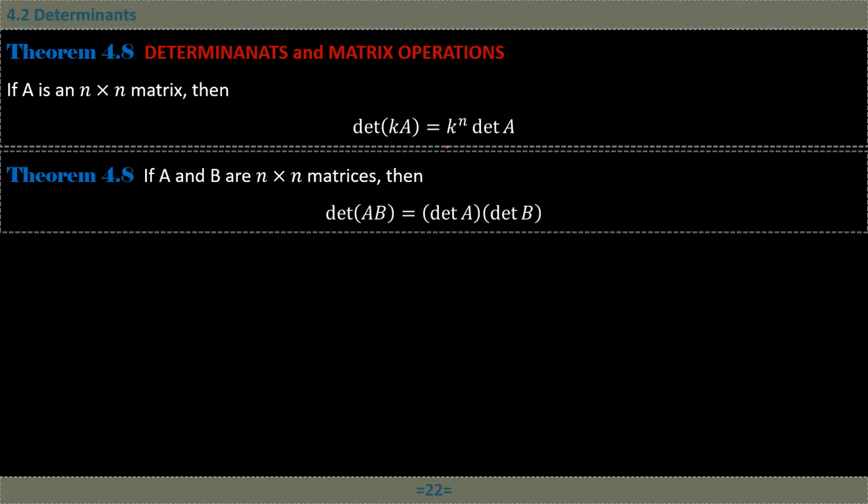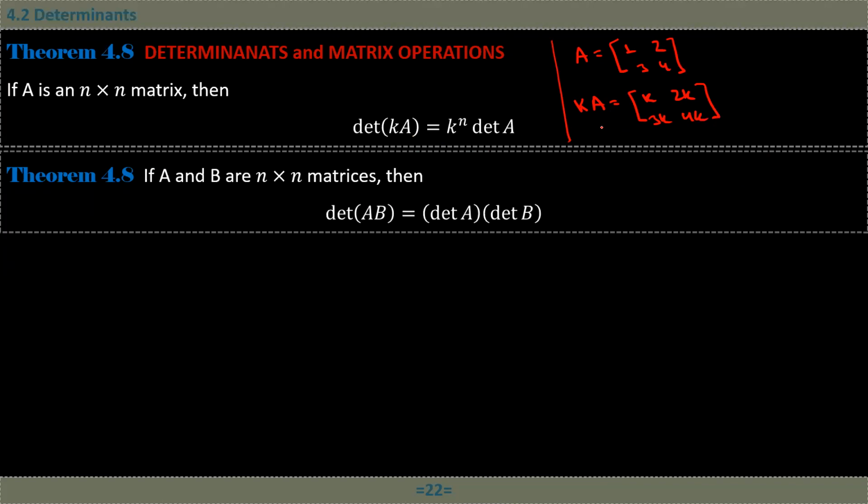Now, when we say k times A, we mean that, for example, if A is the matrix 1, 2, 3, 4, and we multiply A by k, we should multiply all entries. Here we have k, 2k, 3k, and 4k.